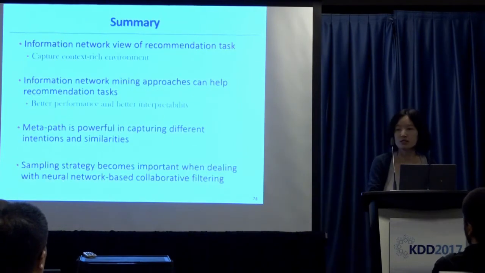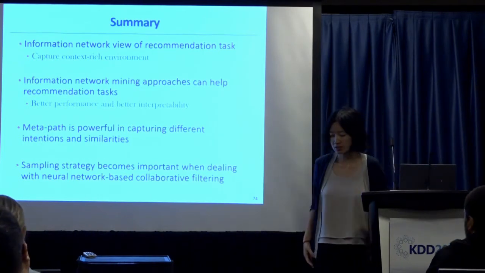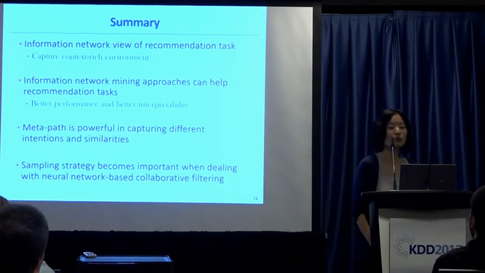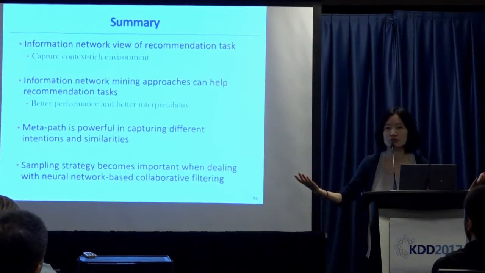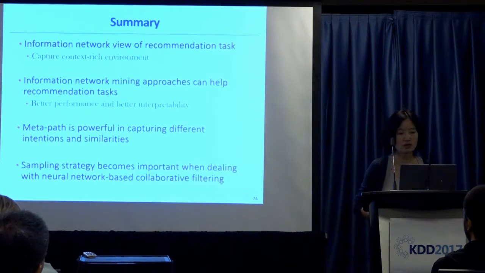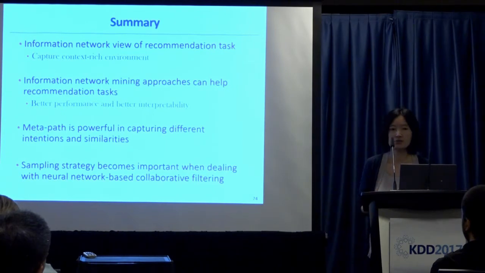Any questions? Due to the time, I'll just give a summary. Essentially, the conclusion for this part is that we really need to look at the recommendation task in a broader view, the information network view. Additional information can really help enhance recommendation.